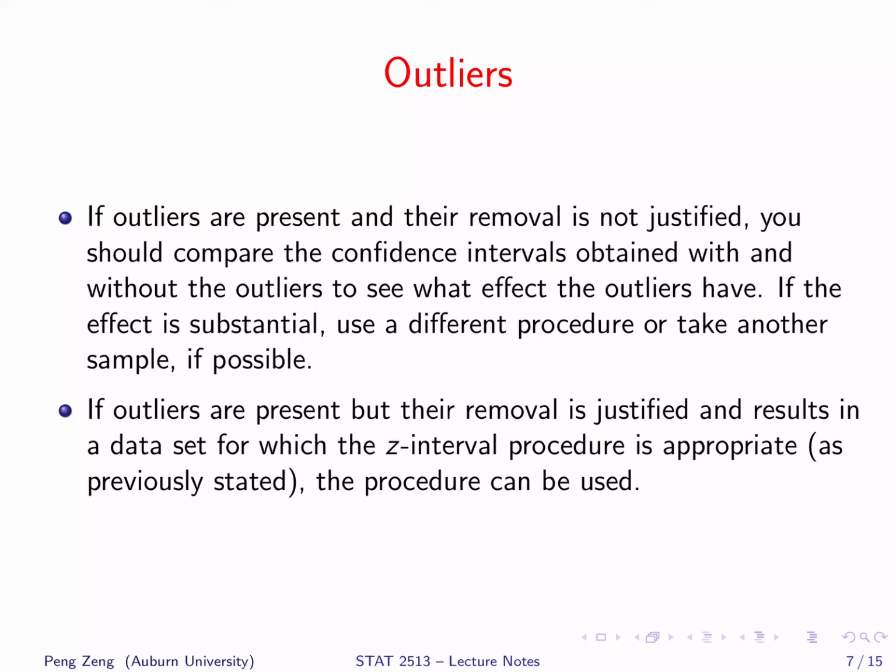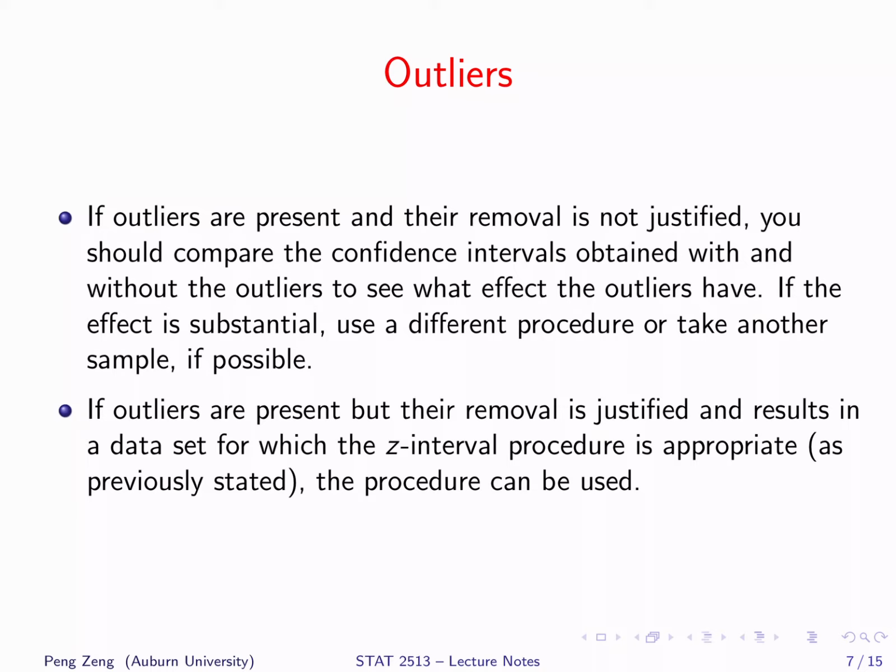The procedures that are robust to outliers usually belong to non-parametric methods. They are beyond the scope of this course. We just need to know that there exist some alternatives to what we are discussing now.